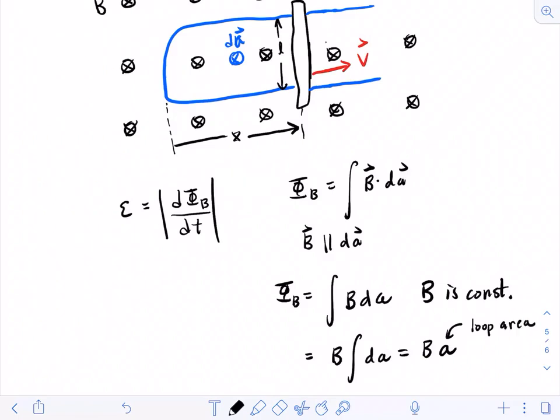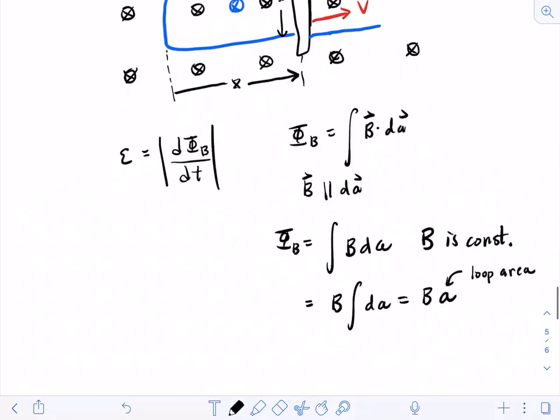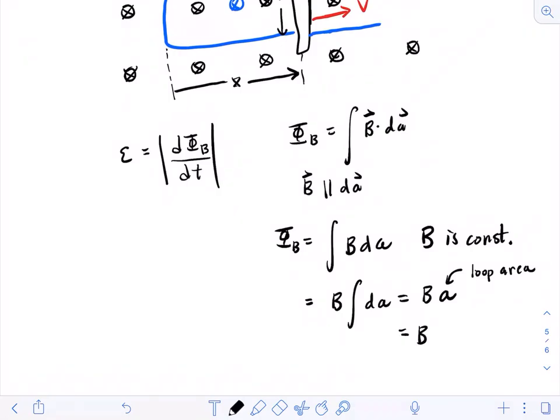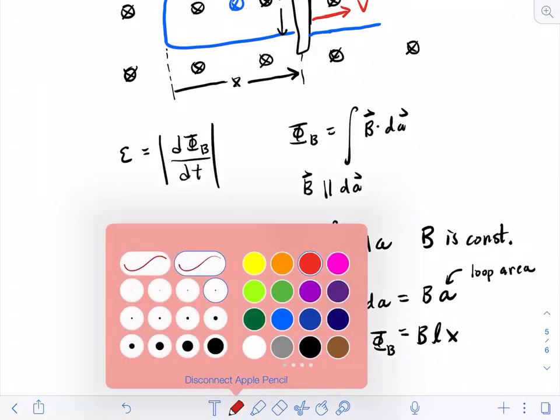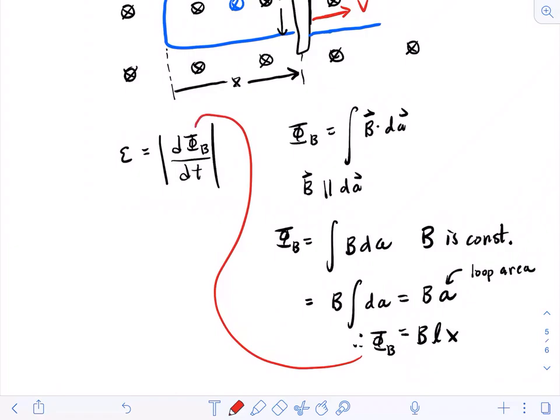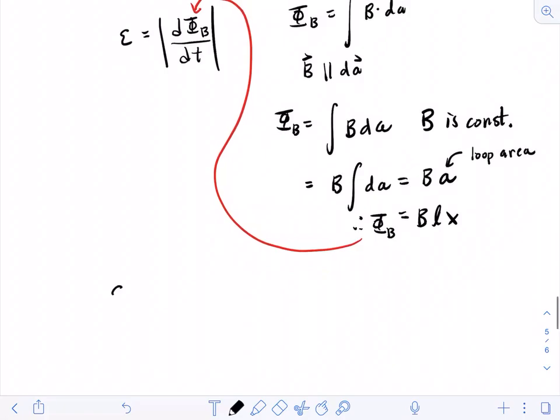Okay, so at the instant drawn, we have a rectangular section of loop. It has a height L and it has a width X. And so the area is L times X, and then the flux is B times L times X. So this is our magnetic flux expression, and we're going to use it here so that when we calculate the induced EMF, it's going to be the derivative with respect to time of BLX.